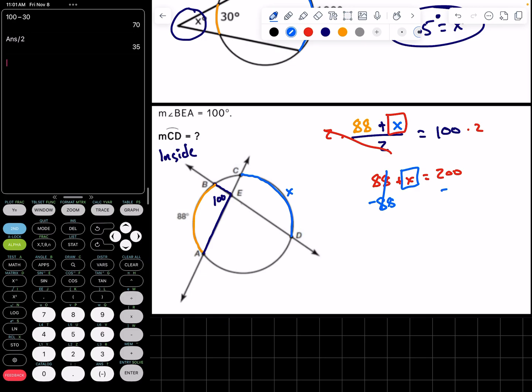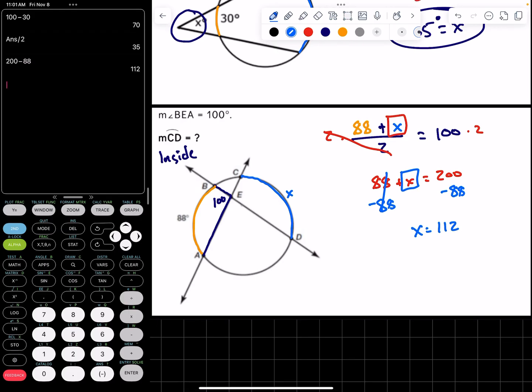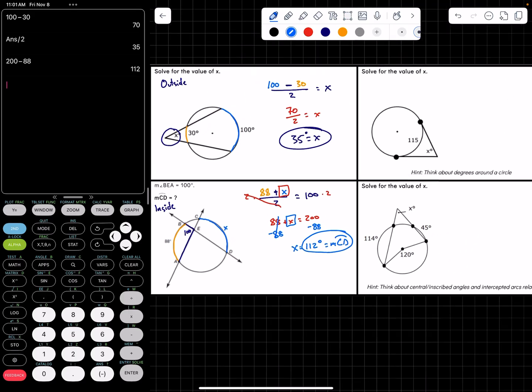So I'm going to subtract 88 from both sides. Therefore, x is going to equal 112 degrees, and x equals the measure of arc CD. Okay, so we're good there.